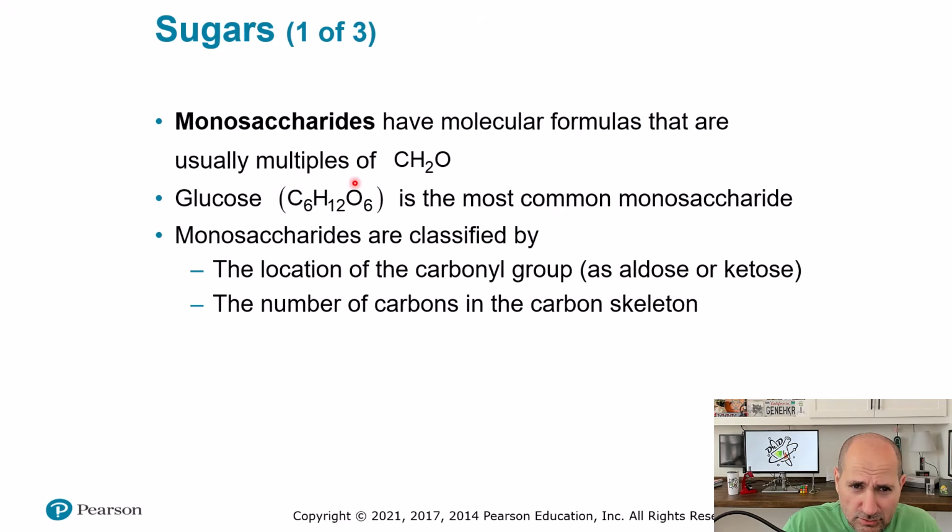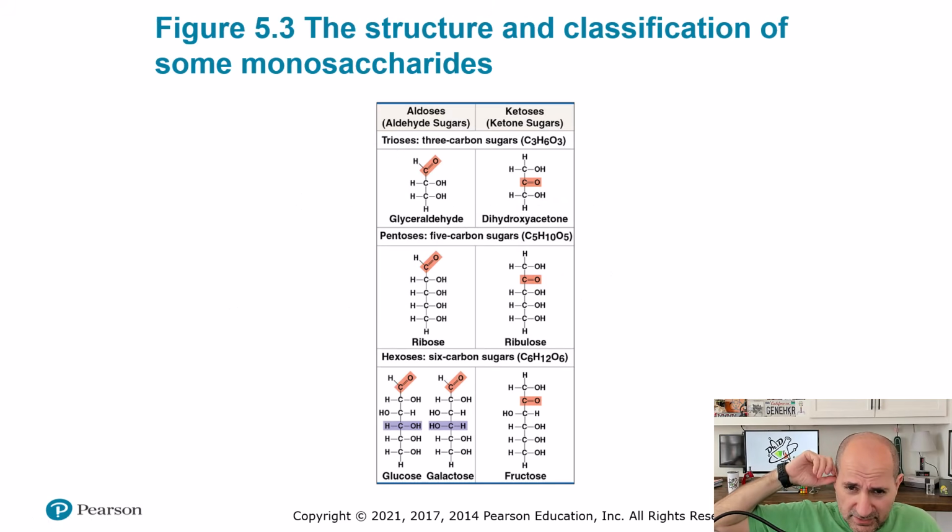So you should know that glucose is C6H12O6. And then remember that you can have different length sugars as well, 3 carbon sugars, 5 carbon sugars, 6 carbon sugars. But I'm not going to ask you to know all the different isomers, like the difference between ribose and ribulose, or glucose, galactose, and fructose.